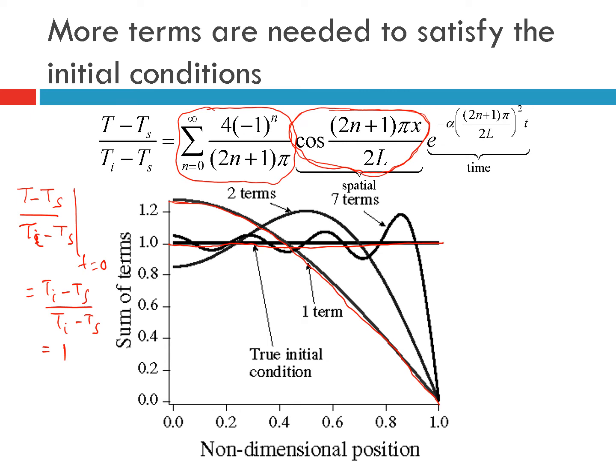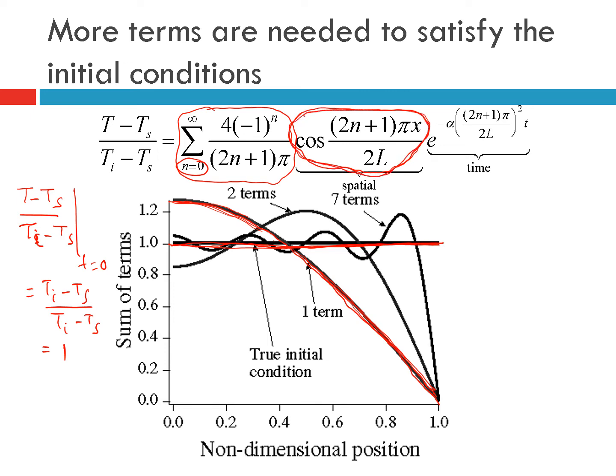And so if my solution has a form like that, if I take that term, it can never satisfy the initial condition. However, remember, it's not just one cosine term that's my solution. For any value of n, we have different cosine terms.